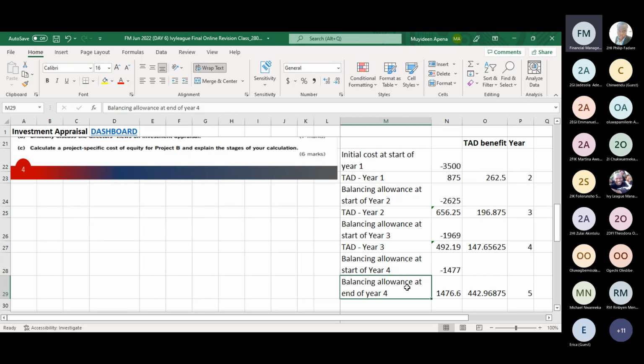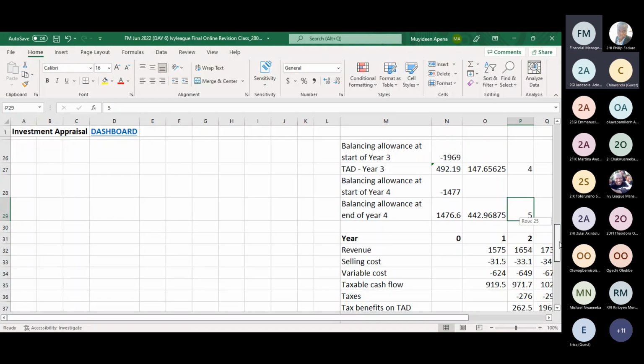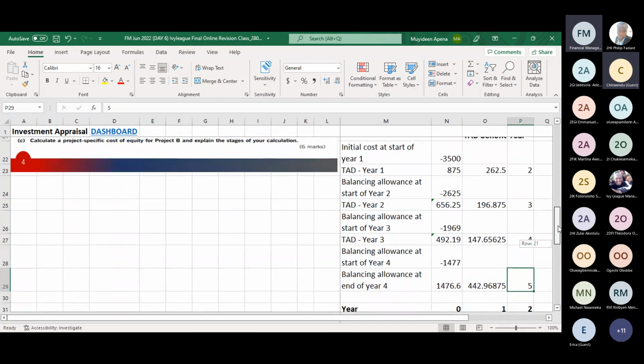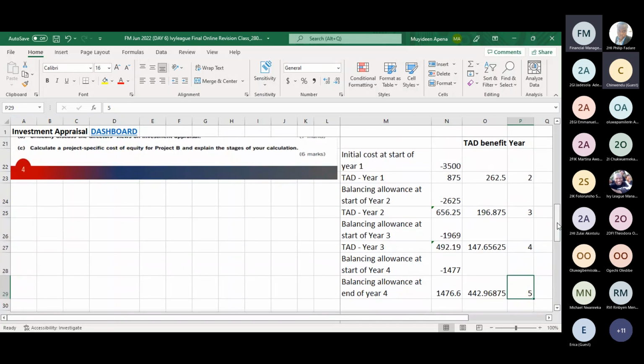So this is what we're having here, 1476.6, approximately 1477. Then we applied the 30% tax rate to that, got 442, which is also going to be a benefit in the appraisal, and that happens in year 5. That's how we calculated the TADs and the tax benefits.